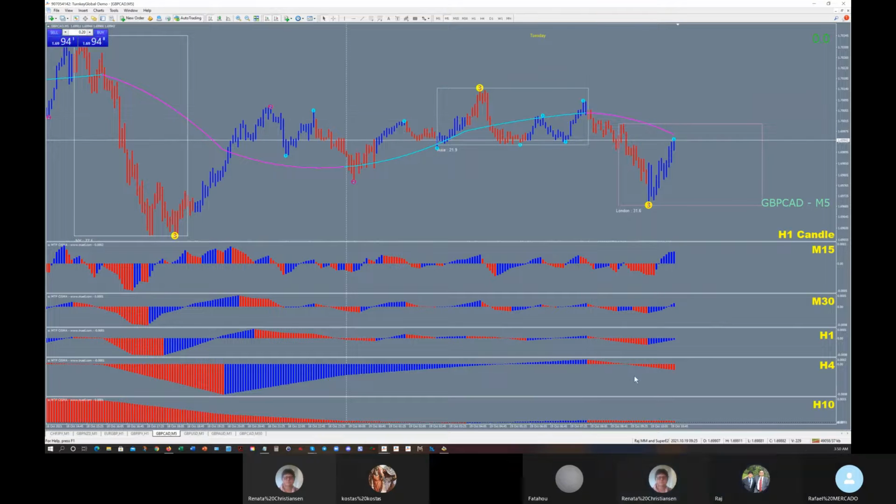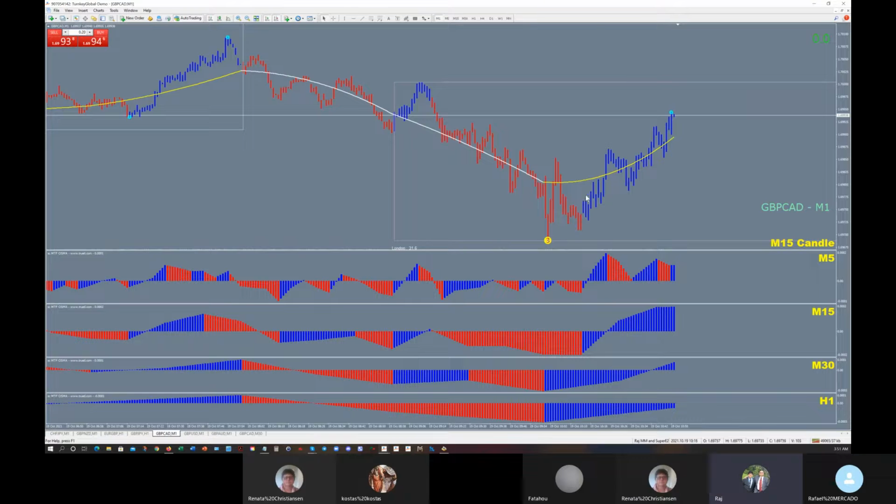And the 4 hour hasn't changed, but the H1 has changed. So if H1 has changed, that's a session trade. You drop it to the 1, and there's your trade right there. So you have to be flexible to change your time frame for your trade, right?